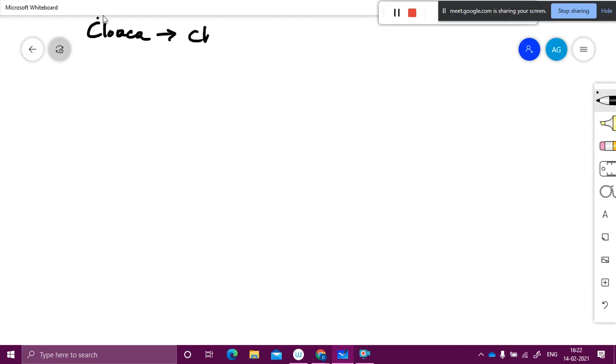Cloaca, basically it is a chamber, and this chamber is known as cloacal chamber.